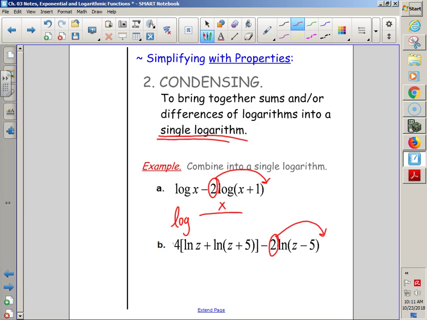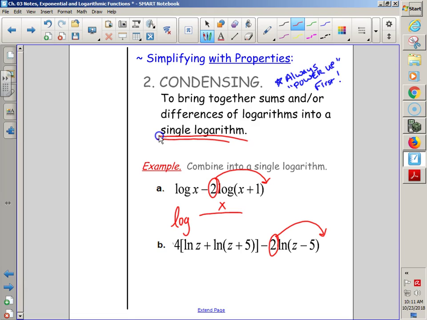So it would be a really smart idea to give yourself a little hint. Power up. Always power up first.